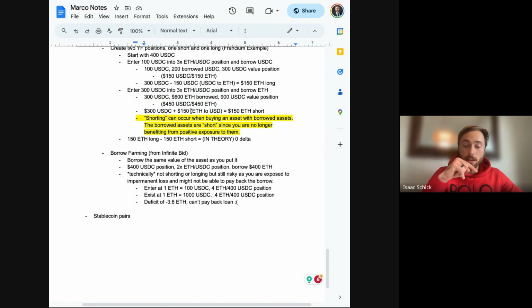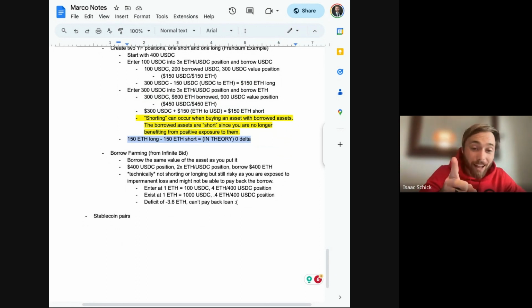And by borrowing ETH and buying USDC, what does that mean? We are now shorting Ethereum, because we are now in $150 worth of bought USDC using our borrowed Ethereum. So that $150 ETH short now counteracts our $150 ETH long. And after setting up both of these positions, in theory, we should be delta neutral.